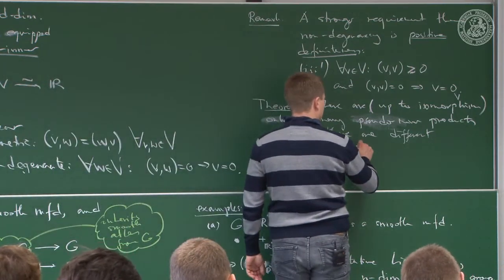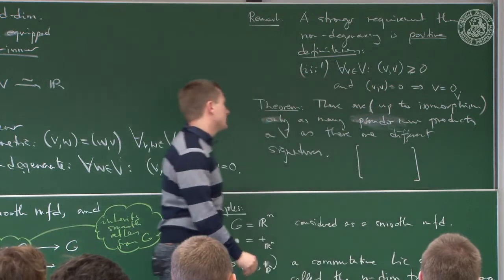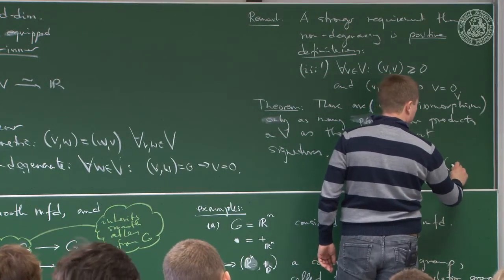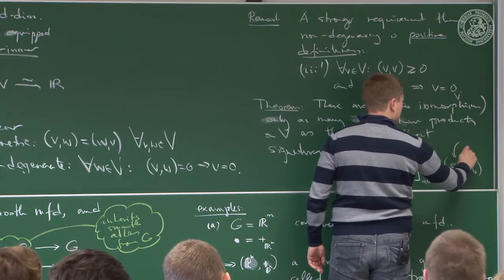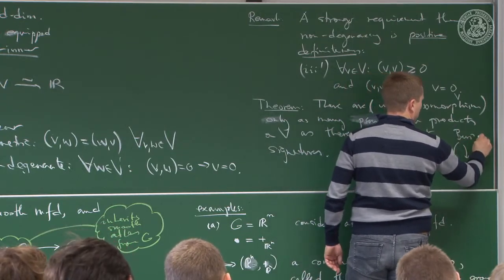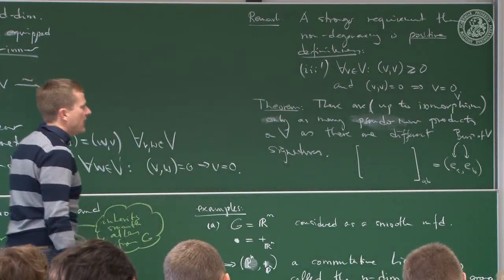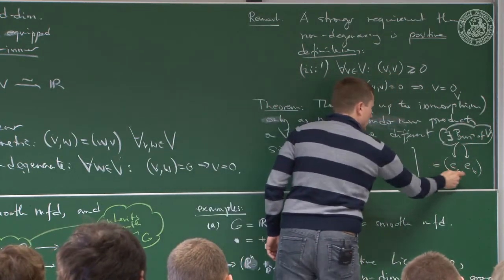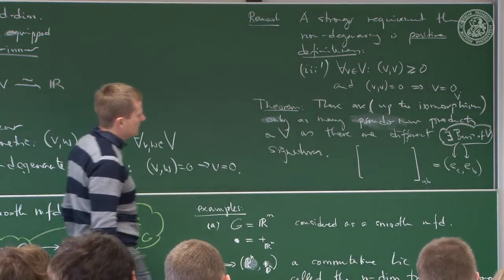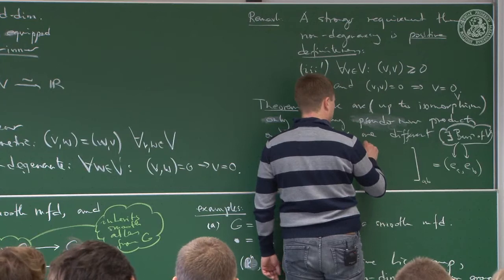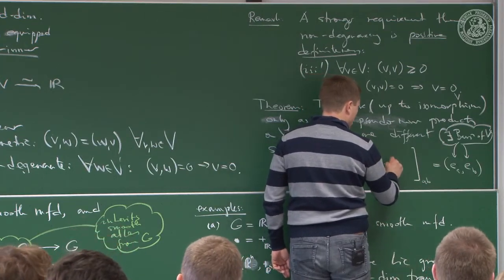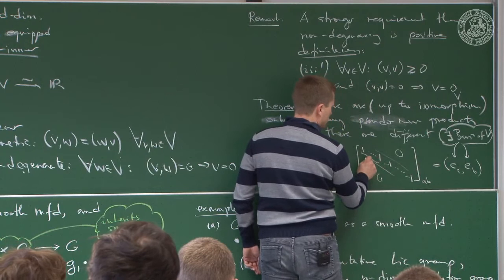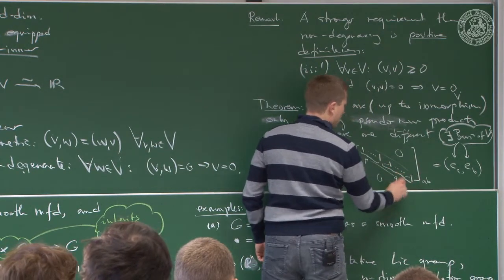It tells you that you can always bring the matrix defining the inner product, so if you choose a basis of V, then there exists a basis of V such that the components of this inner product take the following form: 1, 1, and then come minus 1, minus 1, and all the rest are zeros, and the signature is the number of ones and the number of minus ones.